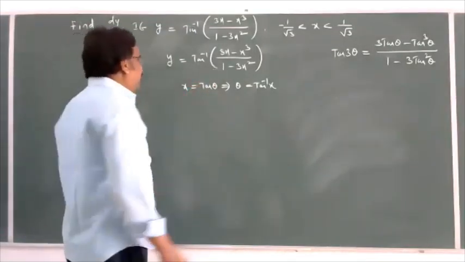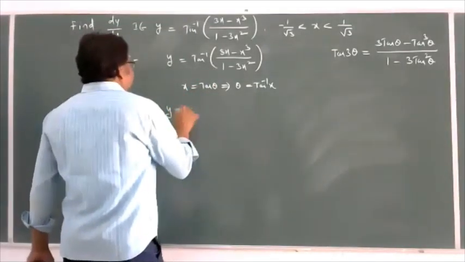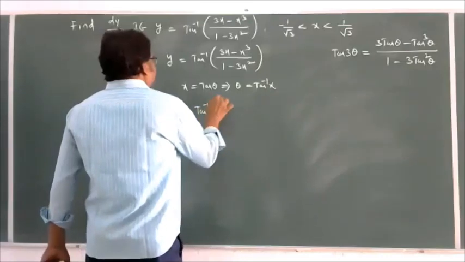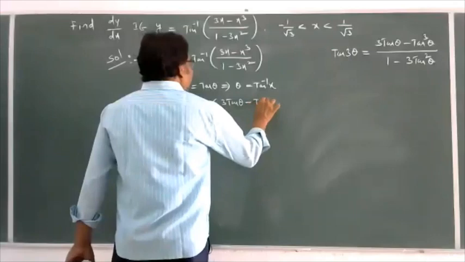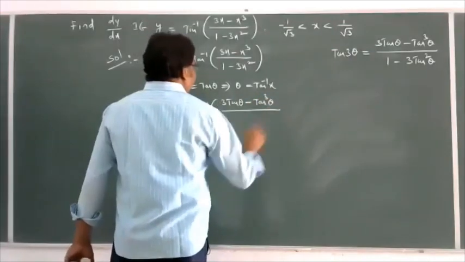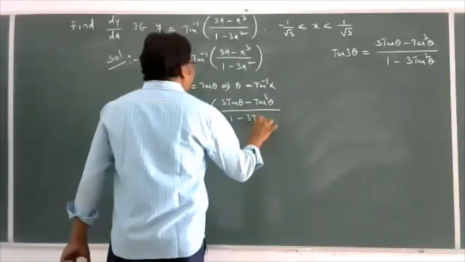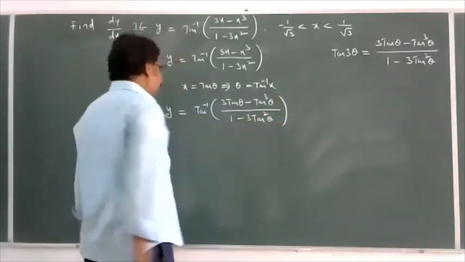Then substituting here, y is equal to tan inverse of 3 tan theta minus tan cube theta by 1 minus 3 tan square theta.